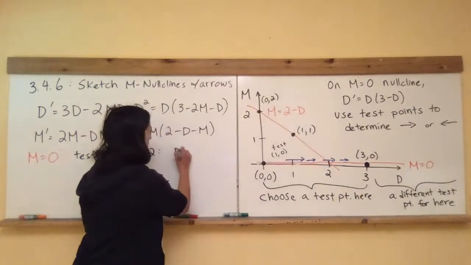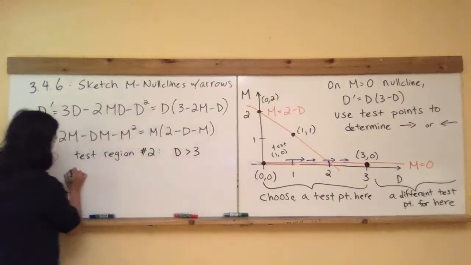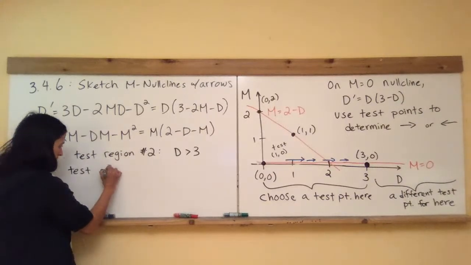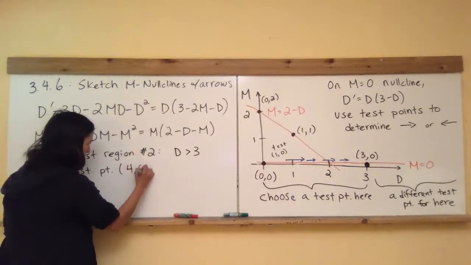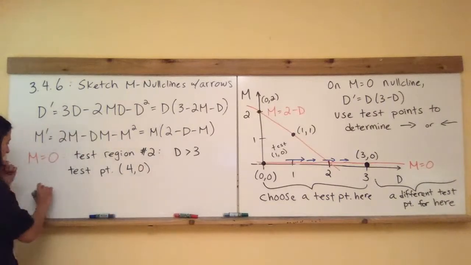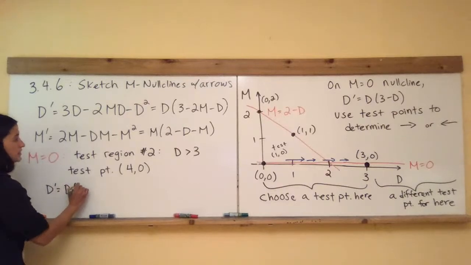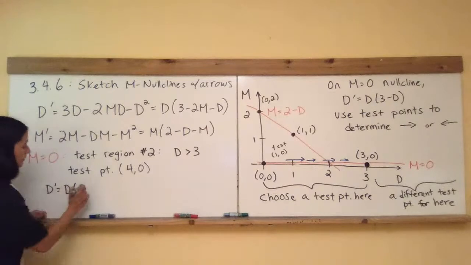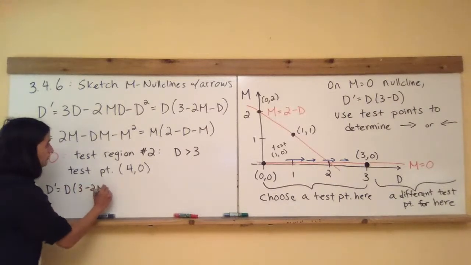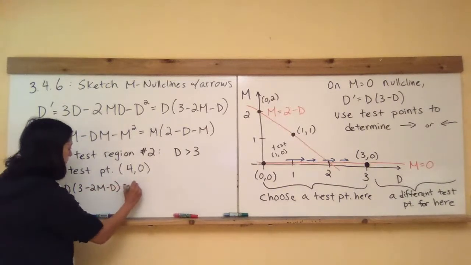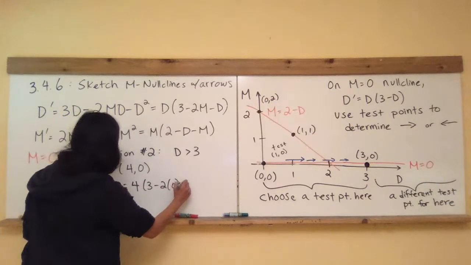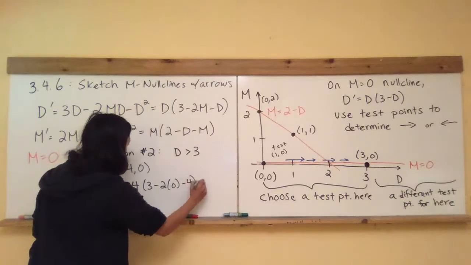Somebody had already suggested in the chat box that an appropriate test point is 4, 0. Plugging that into the d prime equation: 4 times (3 minus 2 times 0 minus 4).